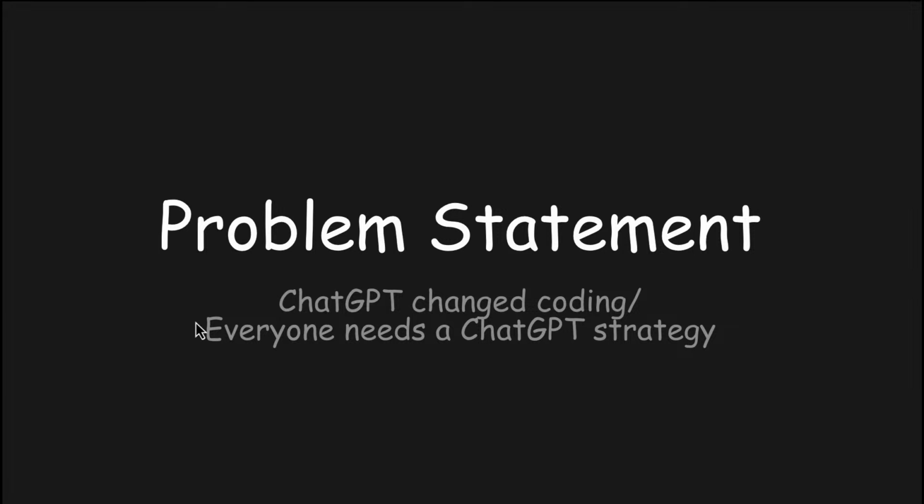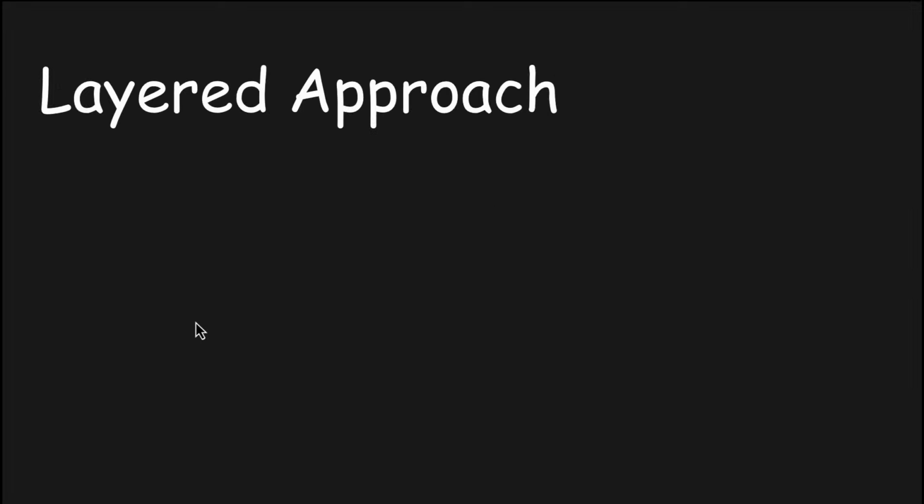Almost like if one day the world was a blue sky and then you walk outside and the sky is purple, right? Something's different, like what happened? And everyone needs to have a strategy for using ChatGPT. And I'm going to talk about what I would suggest is a good strategy for using things like GitHub Copilot, ChatGPT, etc. So let's talk about the layered approach here in terms of getting the best outcome.